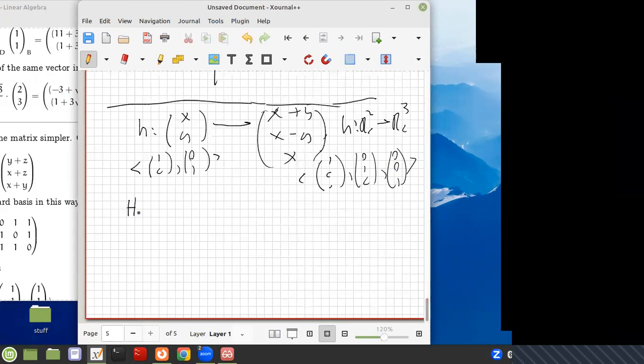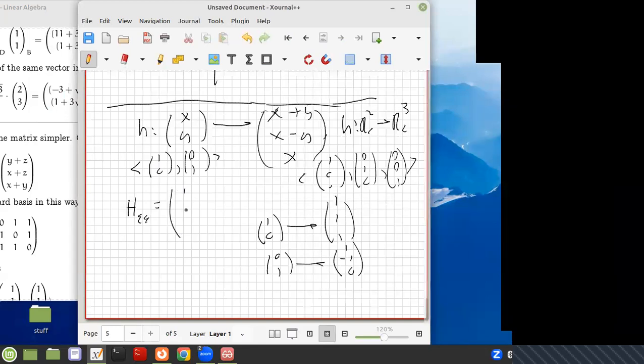Then what's H from standard basis to standard basis? Well, we know that what we do is we look for the images of the standard basis vectors. For x is 1, this would just be 1, 1, 1, because x is 1 and y is 0, and then 0. For y is 1, it would be 1 minus 1, 0. So H here is going to equal 1, 1, 1, 1 minus 1, 0.